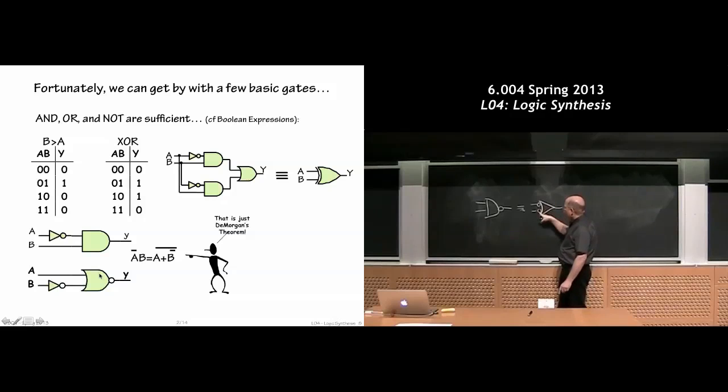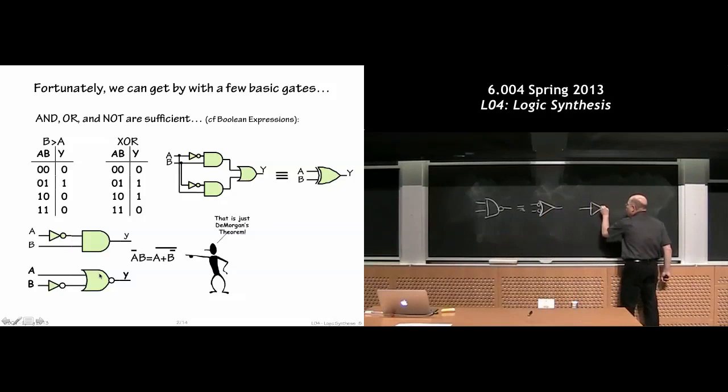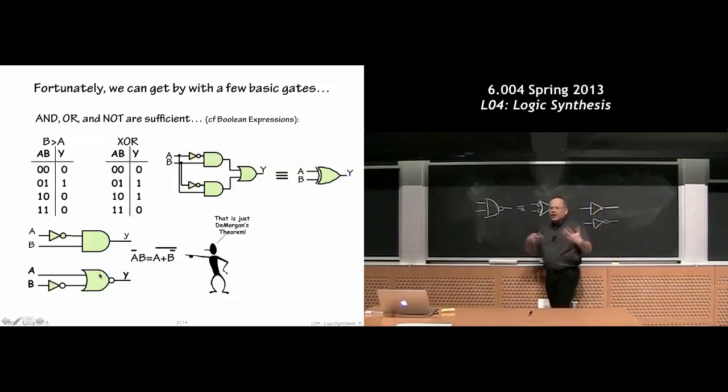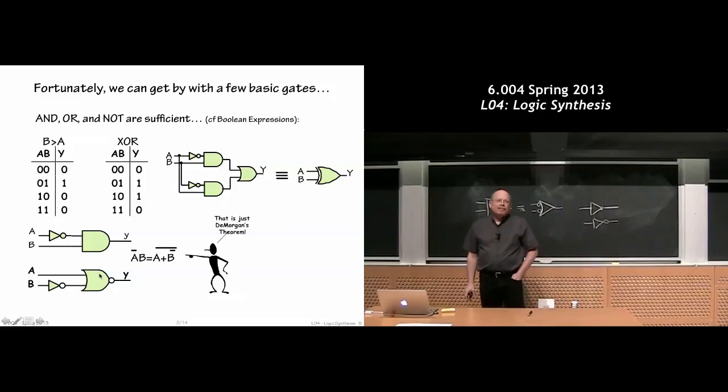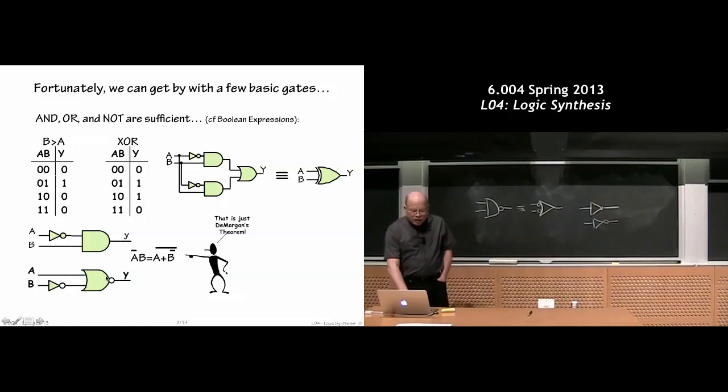Notice I've used bubbles to talk about inversions. Whenever you see a bubble, think of that as a tiny little part of the circuit that inverts the signal that's going through it. So an inverter, which I draw like that, is actually a buffer followed by a little bubble saying, and by the way, the signal gets flipped as it goes through the bubble. So the bubbles are what we use to remind ourselves that things are inverting. So this is a NOR gate.